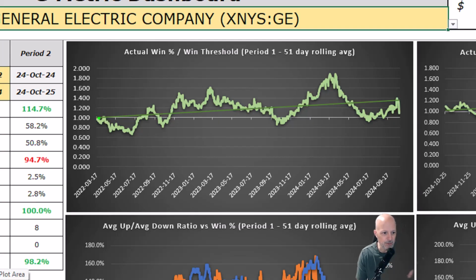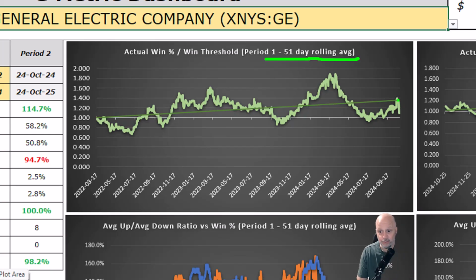So instead of using the whole period to figure out that stat, I did it over a 51-day rolling average in this chart, and then I plotted how that trended over time. What you can see for period 1 for GE is that it's really trending above this 1.00 threshold. So that's the break-even point. GE over that first period is trending quite often above the threshold for breaking even.